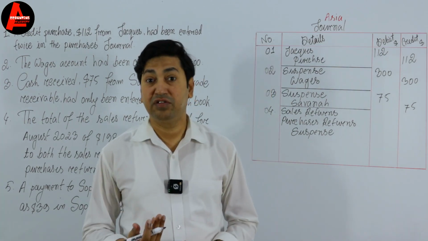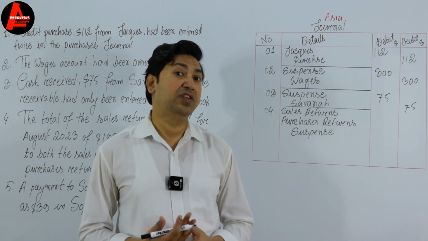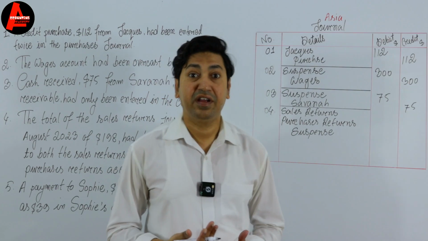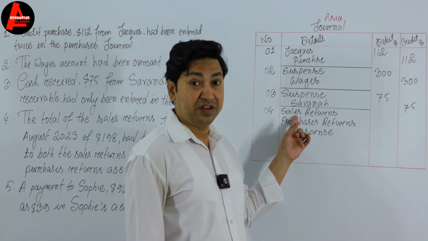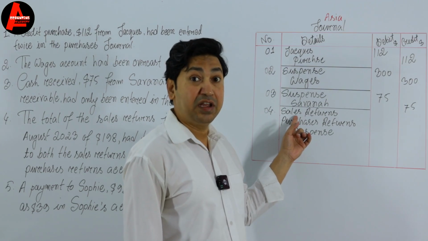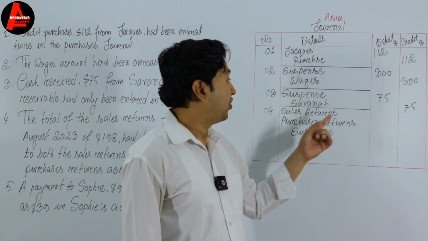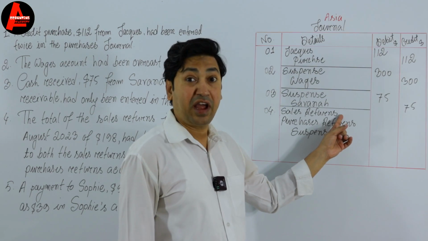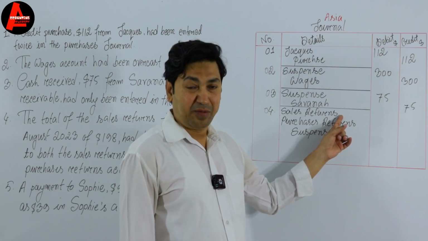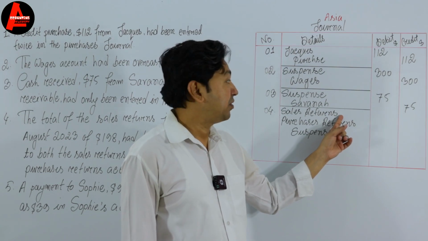I told you when you see this type of error you will just double the amount. Okay, so here it is an error of complete reversal. It should be debited but mistakenly it had been credited. So when we see a debit account had been credited mistakenly, you will double the amount.